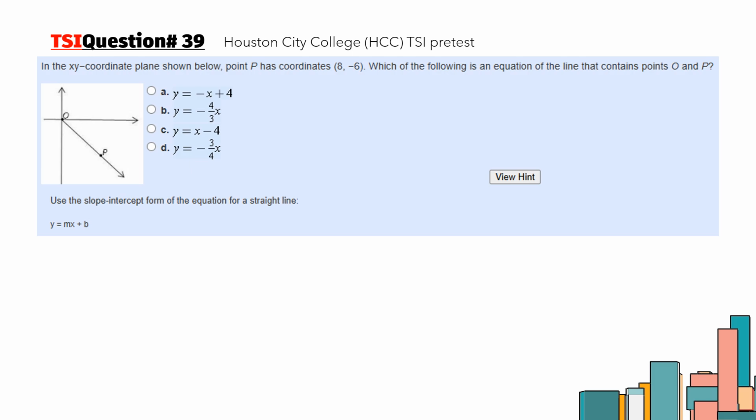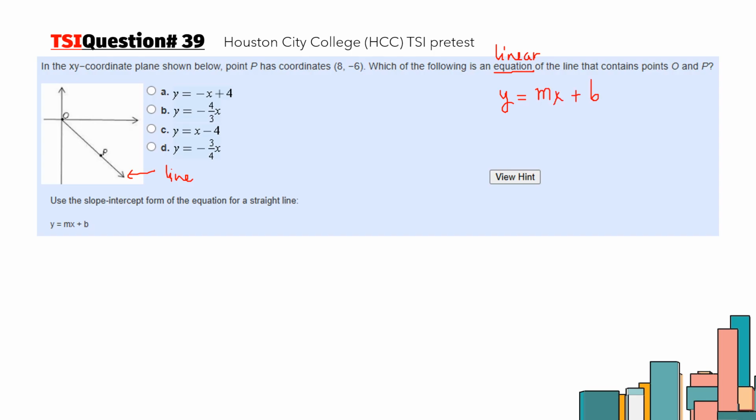So remember we're working on linear equations, right? This is a line, so it's a linear equation. Linear equations have the form y equals mx plus b.